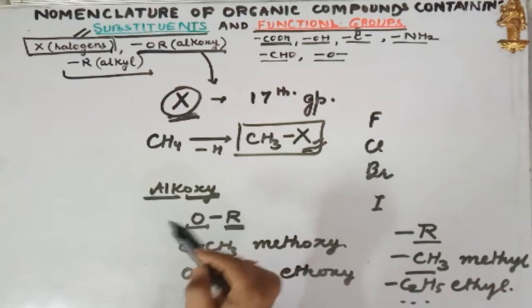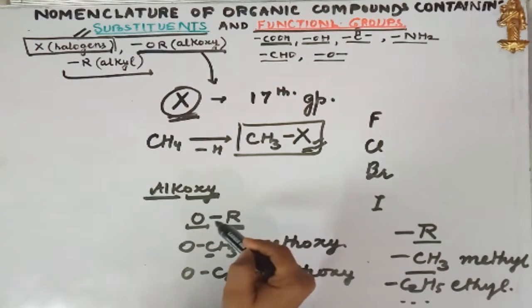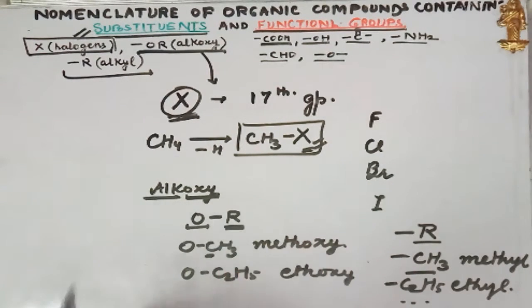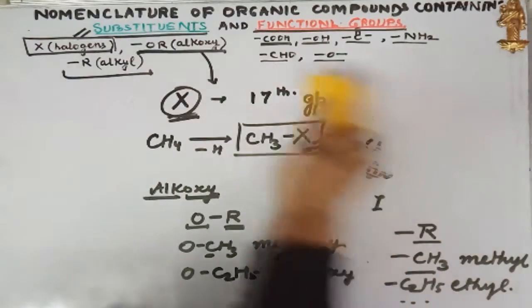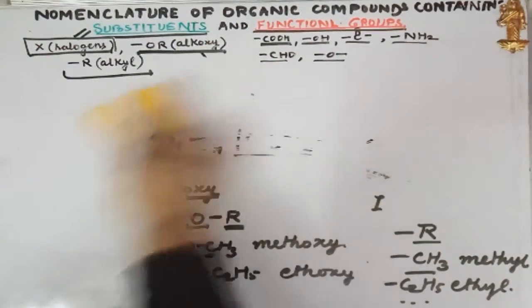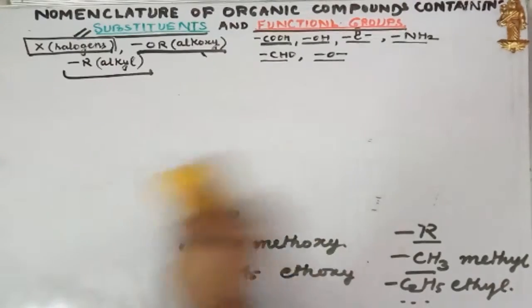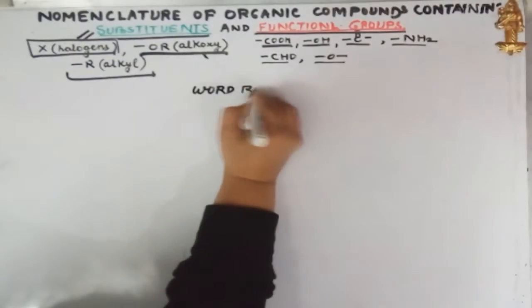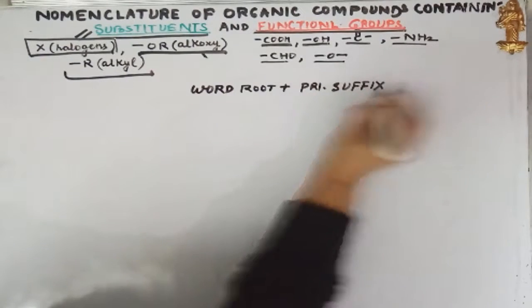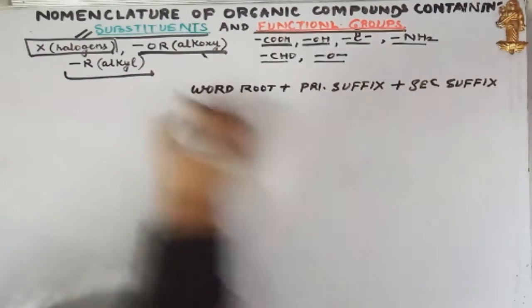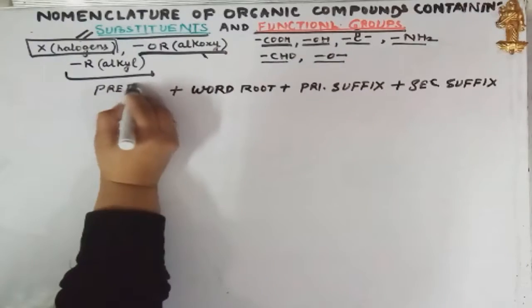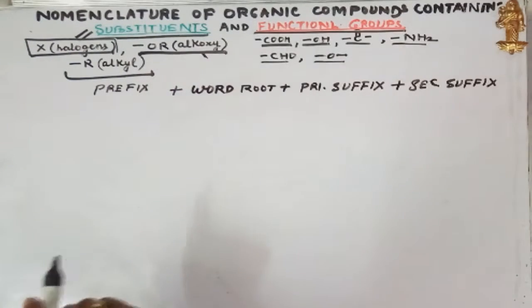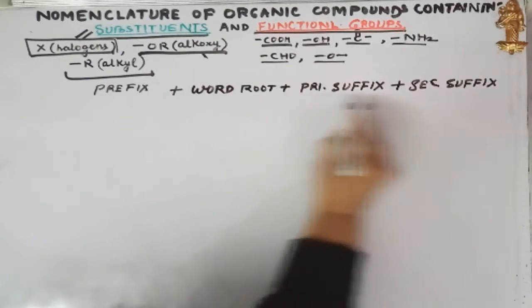So let us first talk about how to name the organic compound. As I have already discussed, whenever we have to name the compound, we have to follow a general, basic equation. This is your basic equation here.